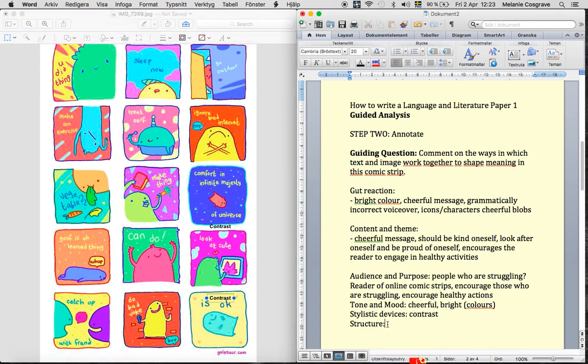And finally, we have structure. So I would say that this is structured in the first box. We have congratulations, or you did thing. It is a form of congratulation. Then we have advice: sleep now, go outdoor, make an exercise, treat self, ignore bad internet.